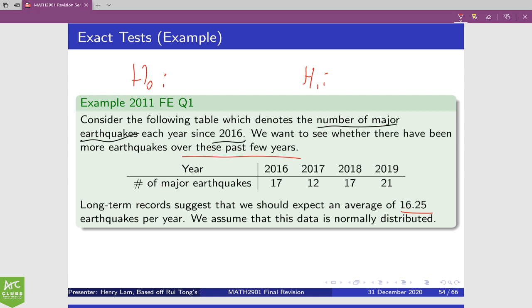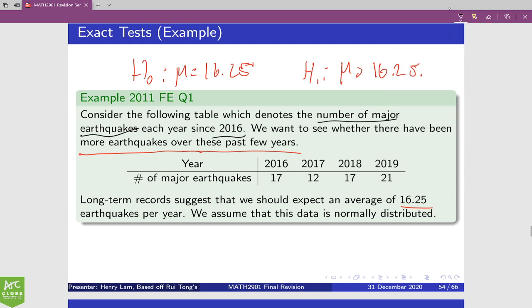So our null is going to be the simpler assumption of having the exact number of earthquakes. Now for the alternate, we want to check if there are more earthquakes, so mu greater than 16.25. It doesn't make sense to check less than, because that's the opposite of what we're trying to check.